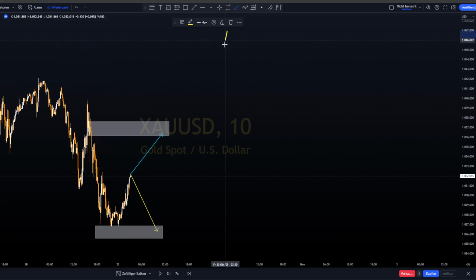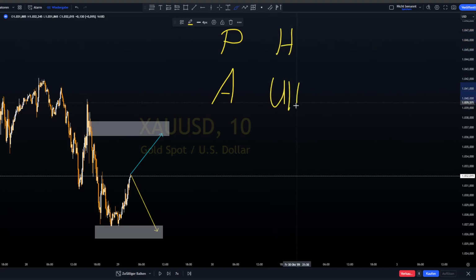Again, we learned passive entries, aggressive entries. We learned healthy trends, unhealthy trends. And now we're learning a fast sweep or a strong sweep or a safe sweep. Let's call it safe.